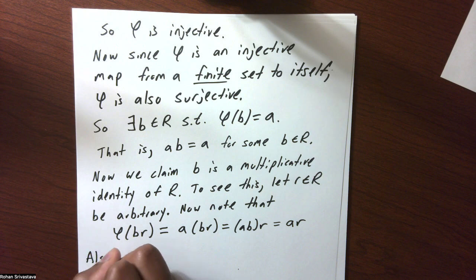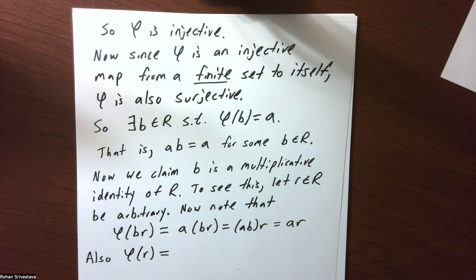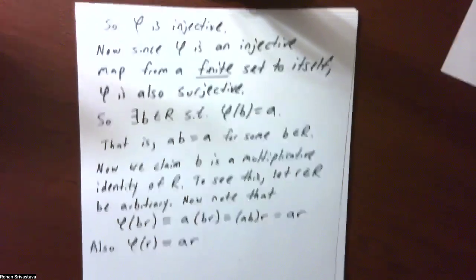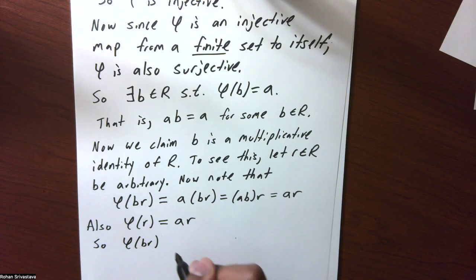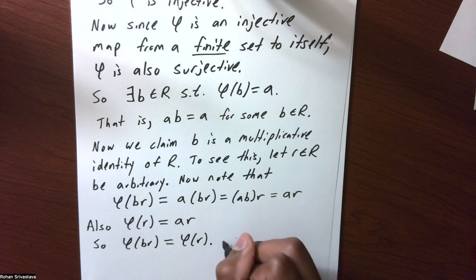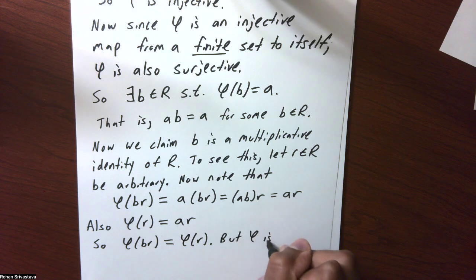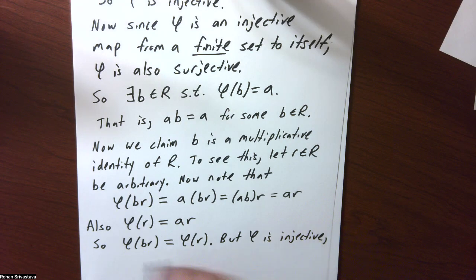And now also let's compute phi of r. Well, this is easier. Phi is just multiplication by a, so phi of r is just ar. Great. Okay, so what do we know? Phi of br is ar and phi of r is also ar. So phi of br is equal to phi of r. But phi is injective. We just showed that. So br is equal to r.